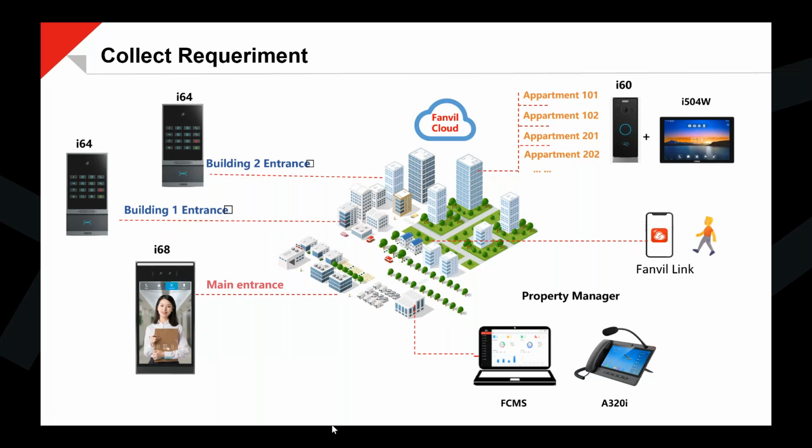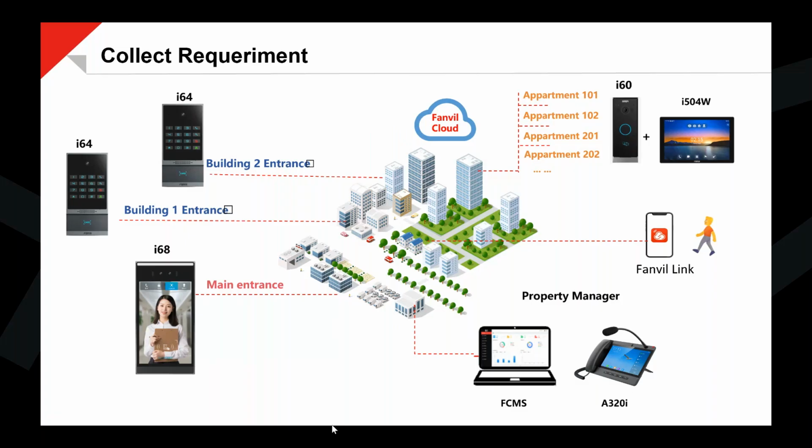And the Fanvil Link app can be used by the homeowners to open the door, view the logs, and receive notifications if there is an emergency. Also, the property manager can broadcast a notification to the application telling them that there is a power outage tomorrow or something. If he wants to broadcast any message, it can be done from the property manager account.